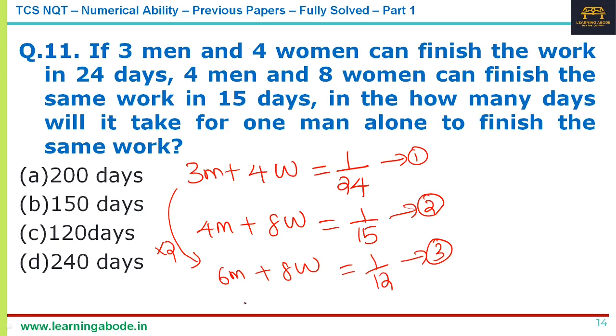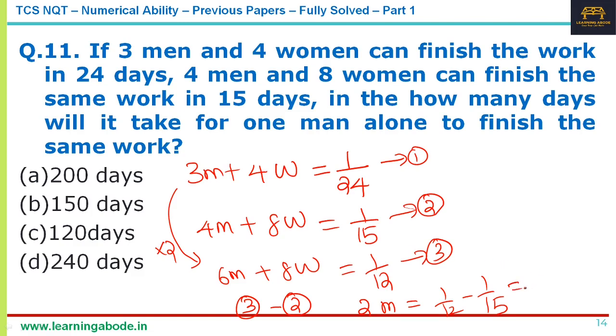Now, if you write 3 minus 2, that is 6m plus 8w minus 4m plus 8w, you will get 2m. 2m is equal to 1 by 12 minus 1 by 15.